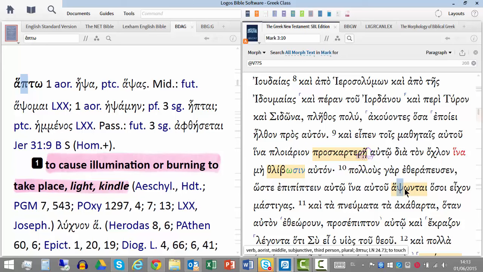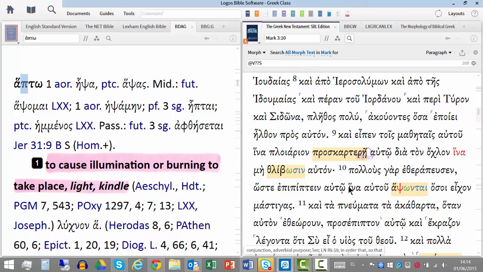So this is actually the concealed sigma. I'm going to put it in red because the sigma is my diagnostic for the aorist subjunctive. There's a lengthened connecting vowel, omega, and a third person middle passive ending, ntai. Hapsontai is aorist middle subjunctive, third person plural.